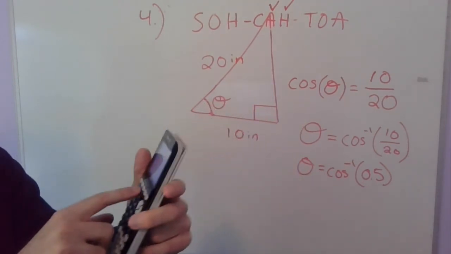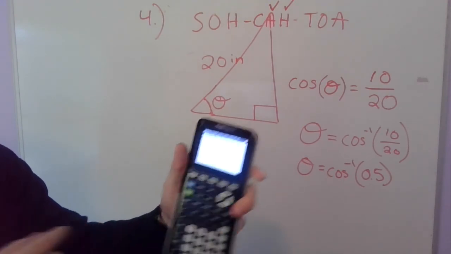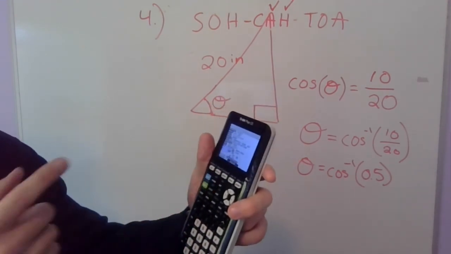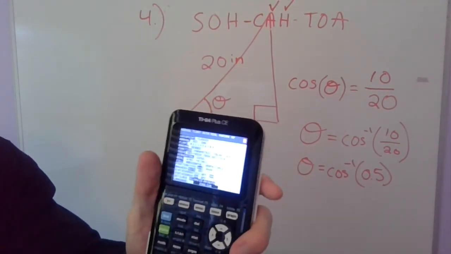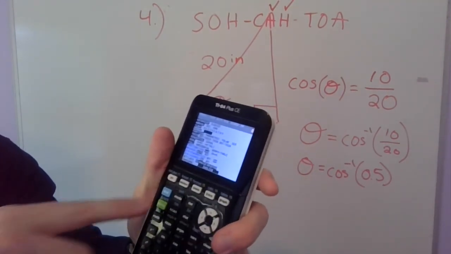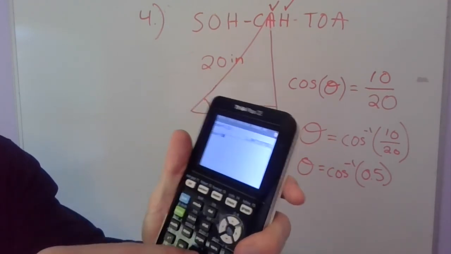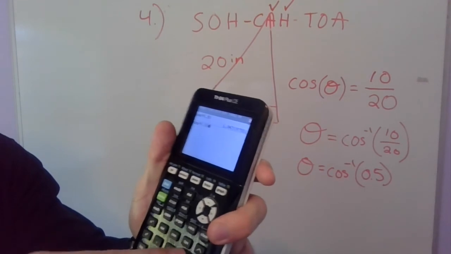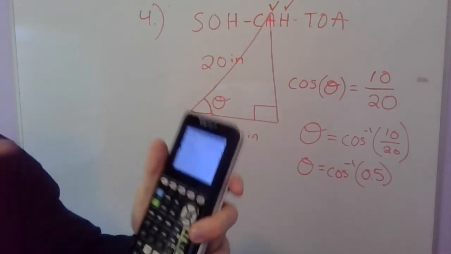What I end up getting is 1 point, okay. Why did I do that? It's because I'm using a different calculator here and I have to go in degrees. This goes to show you have to make sure your calculator is in degrees, otherwise it won't work. So I hit second cos 0.5, and then I get 60 degrees.